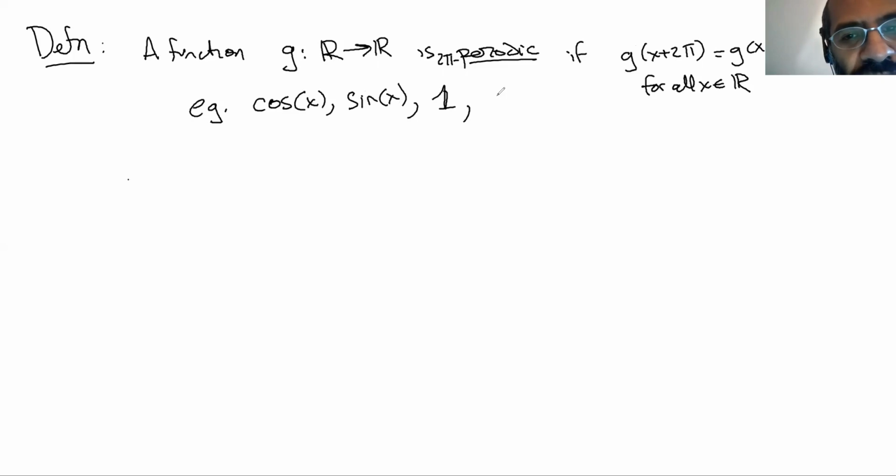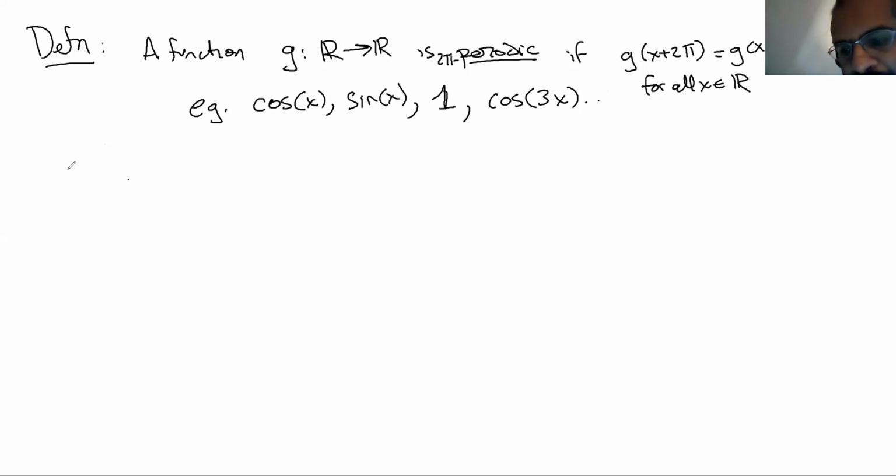You could also have cosine 3x; any integer multiple would also be periodic. Tangent is actually not defined on all of R, so that's a problem. Tangent blows up. Sine times cosine, yes.